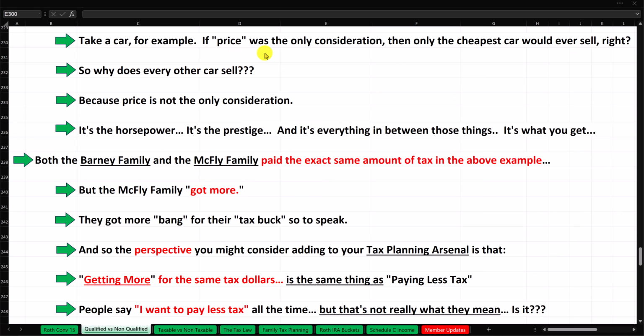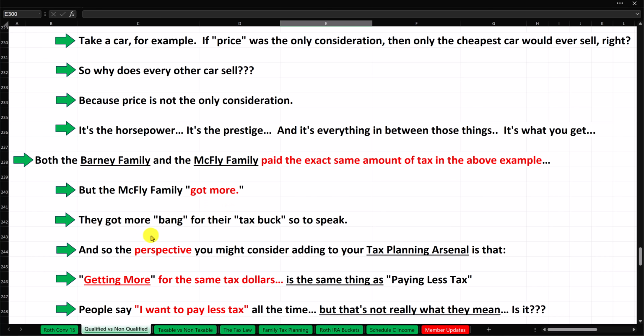If price was the only consideration, then only the cheapest car would ever sell, right? So why does every other car sell? Because obviously price is not the only consideration. It's the horsepower, it's the prestige, and it's everything in between those things. It's what you get. Both the Barney family and the McFly family paid the exact same amount of tax in the above example, but the McFly family got more.